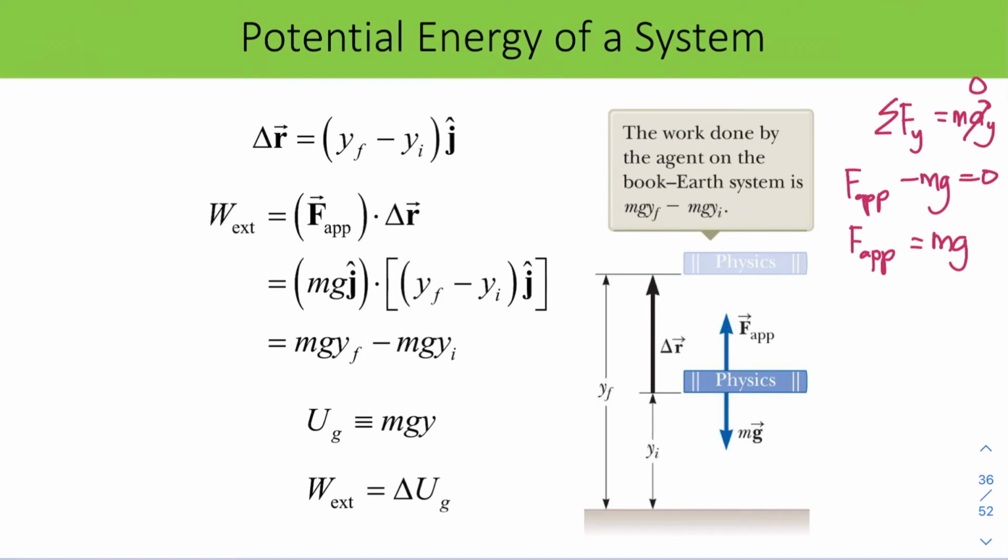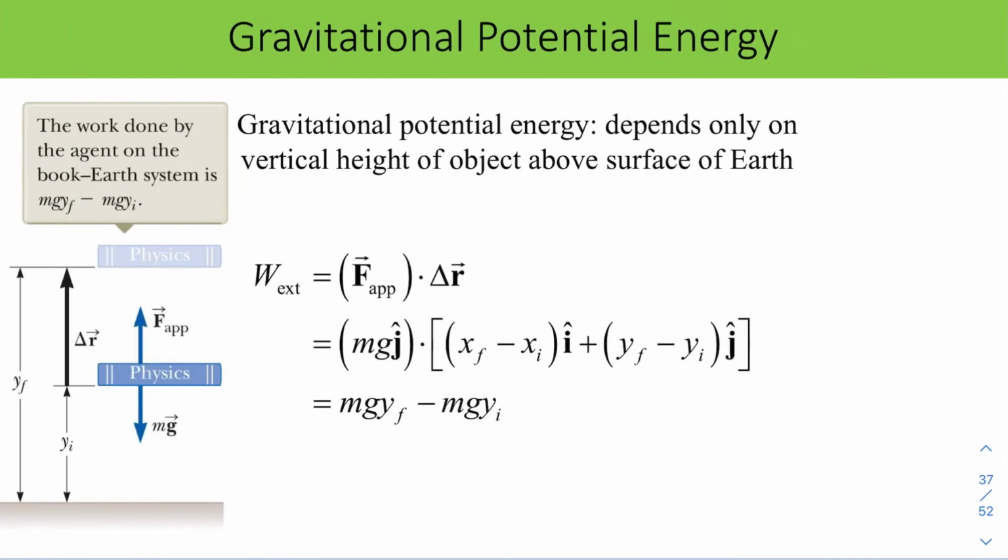This is proved. And from here, we can simplify the term. Since W external is a kind of energy related to the change in height of position, we call it potential energy due to gravity, which in simple terms is mgy. So in simplest terms, W external is equivalent to the change in potential energy due to gravity.